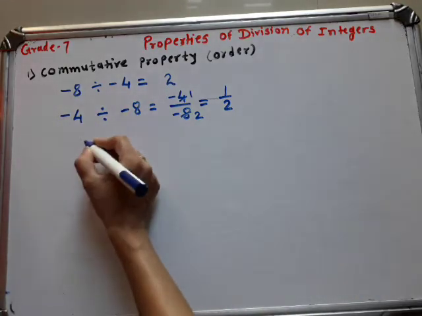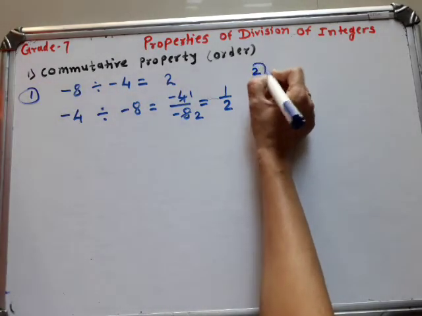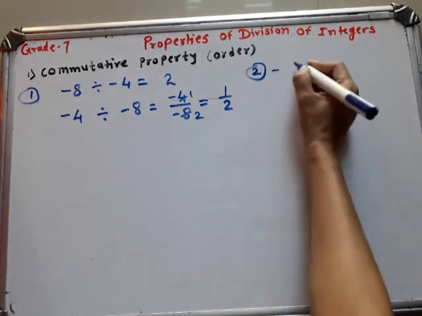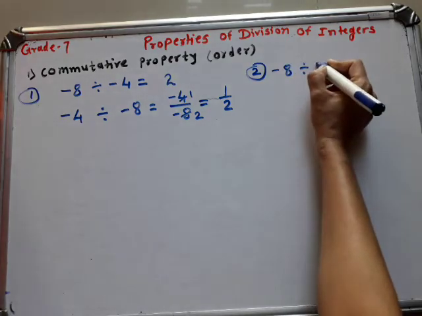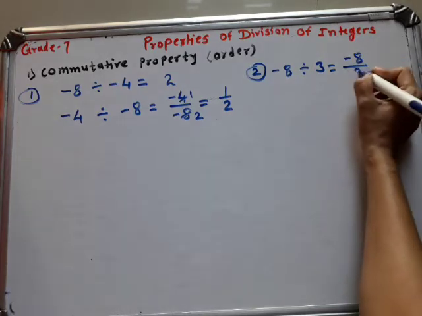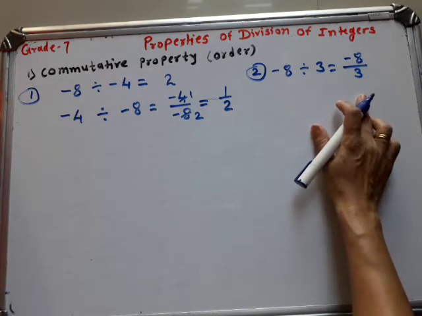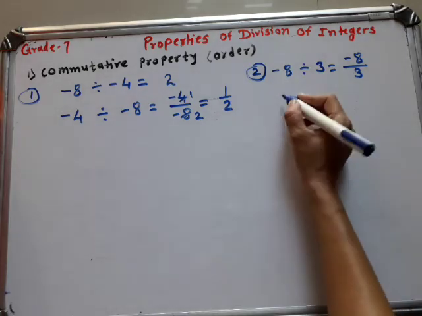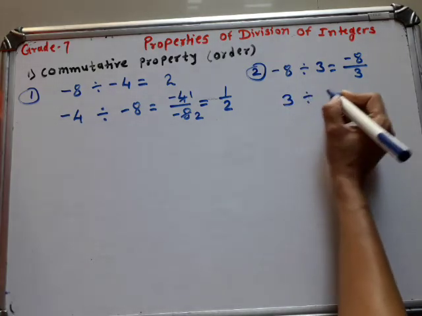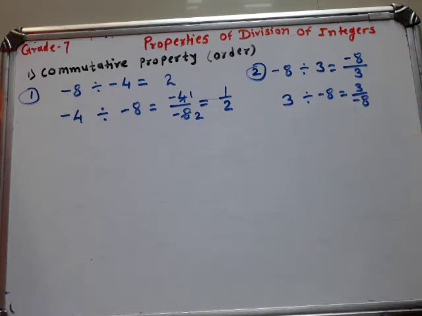Again we see one more example. This was the first example; the second example is minus 8 divided by 3. What is your answer? Minus 8 divided by 3, again this answer is a fraction, not an integer. And if we change the order, 3 divided by minus 8, again we get the answer in fraction.